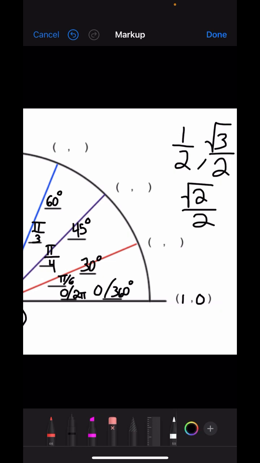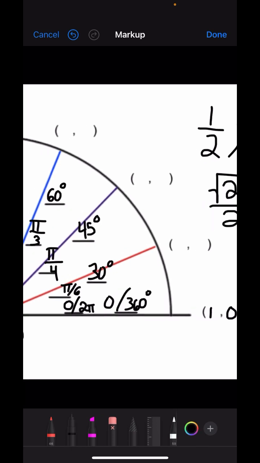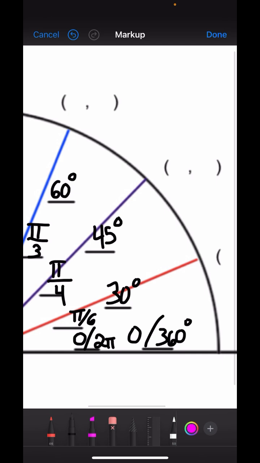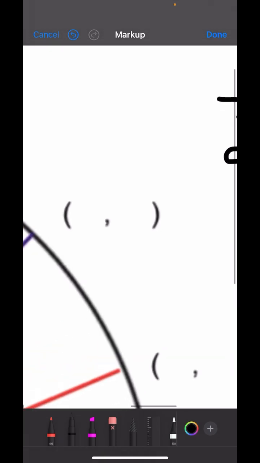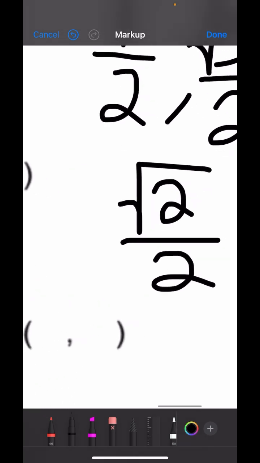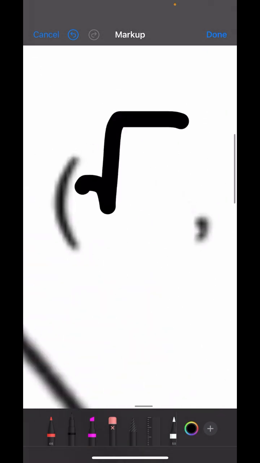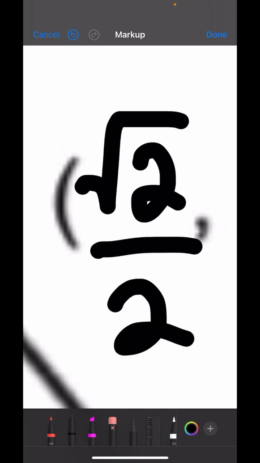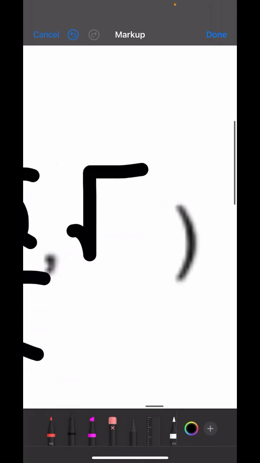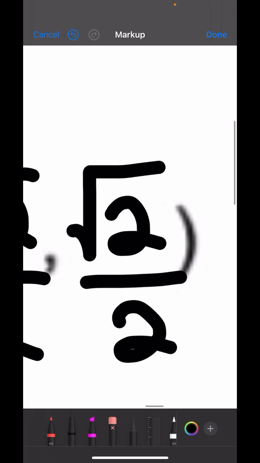All right, so the easiest one is, again, the 45-degree angle, because the x and y are both going to be the same. They're going to both be square root 2 over 2. So square root 2 over 2 for x, and square root 2 over 2 for y.